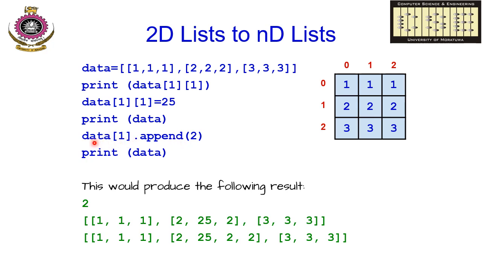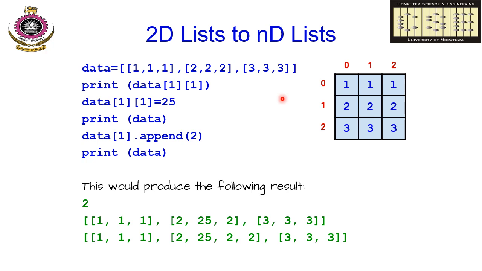For example, if you do data1 dot append 2, it will append the value 2 to the data 1 list. What is data 1? This is your data list, and the index 1 item is this list having 2 2 2. When you append 2, the output will be 2 5 2 2, so the additional item comes from this append operation. This is how we do different operations on multi-dimensional lists.